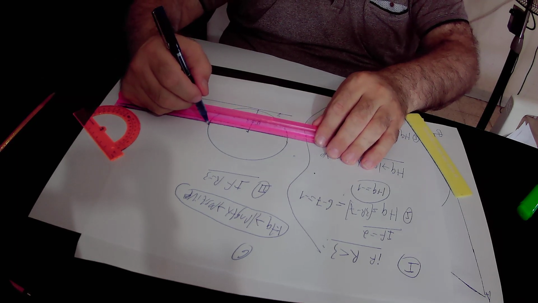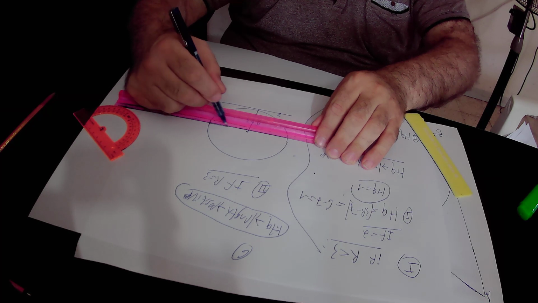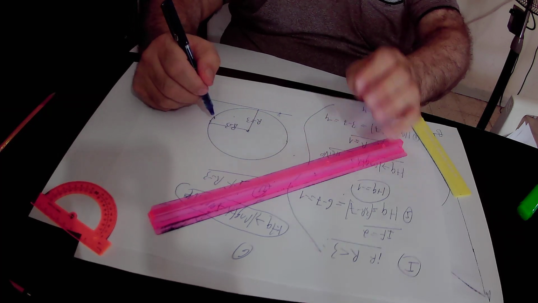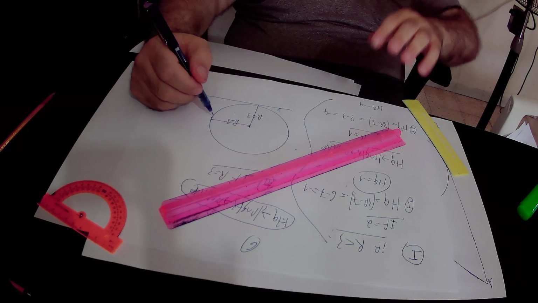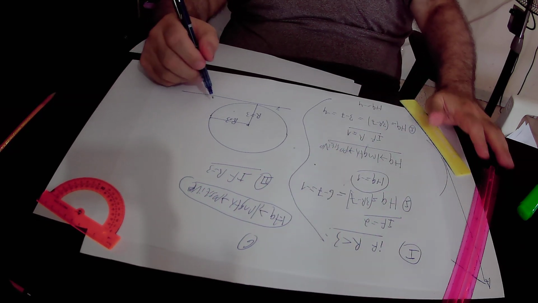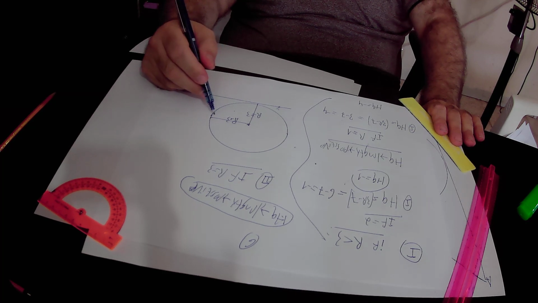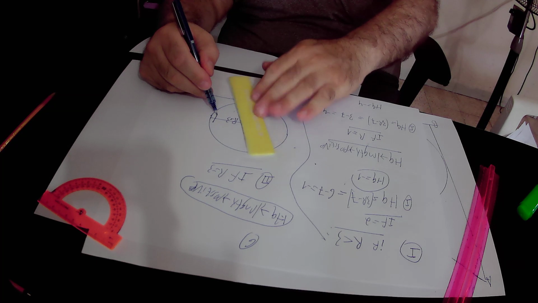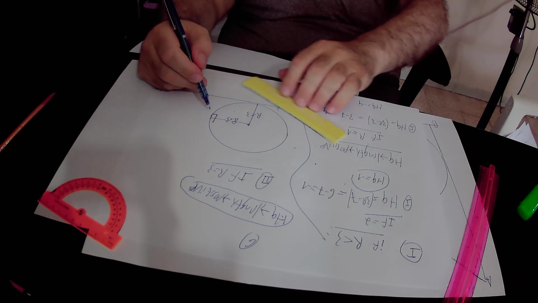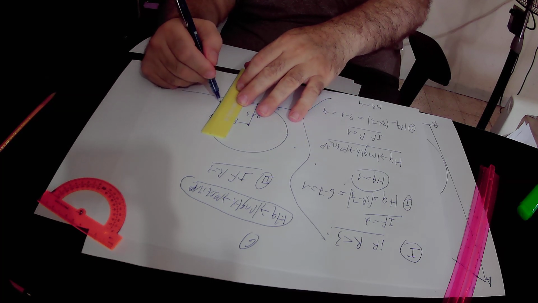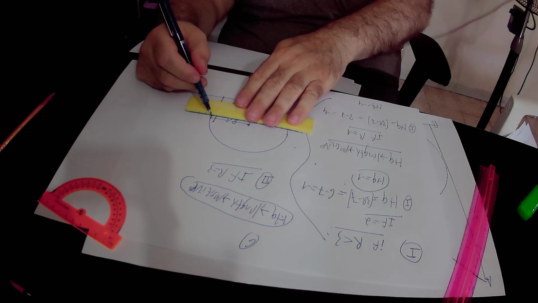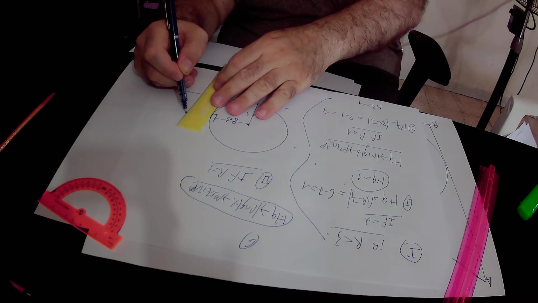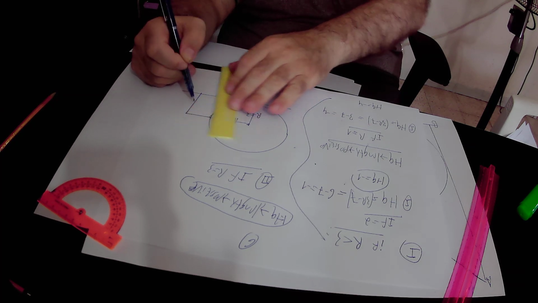So here we'll get R equals 3. So here the radius is drawn to the point of tangency. Therefore this angle equals 90 degrees. Again we have the square, each side equals 3 units.